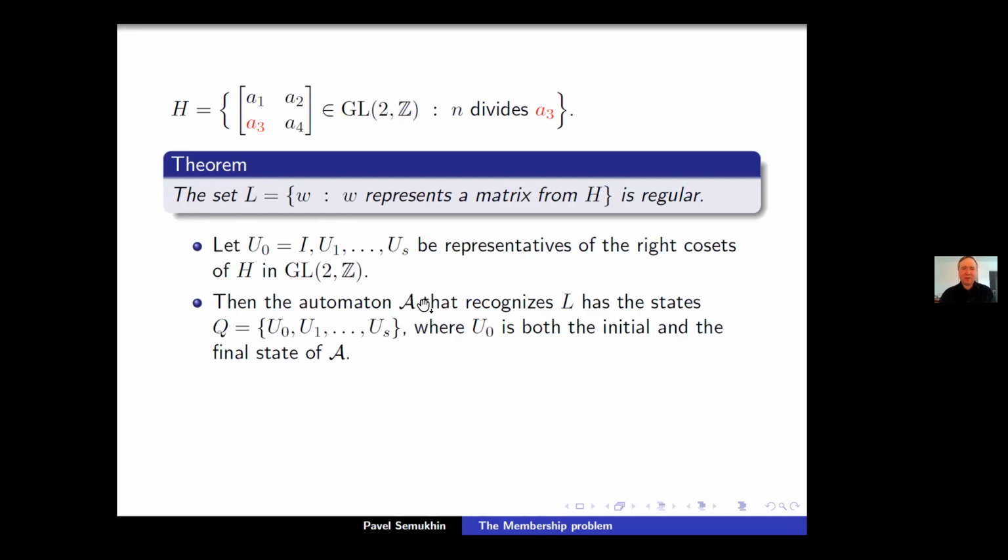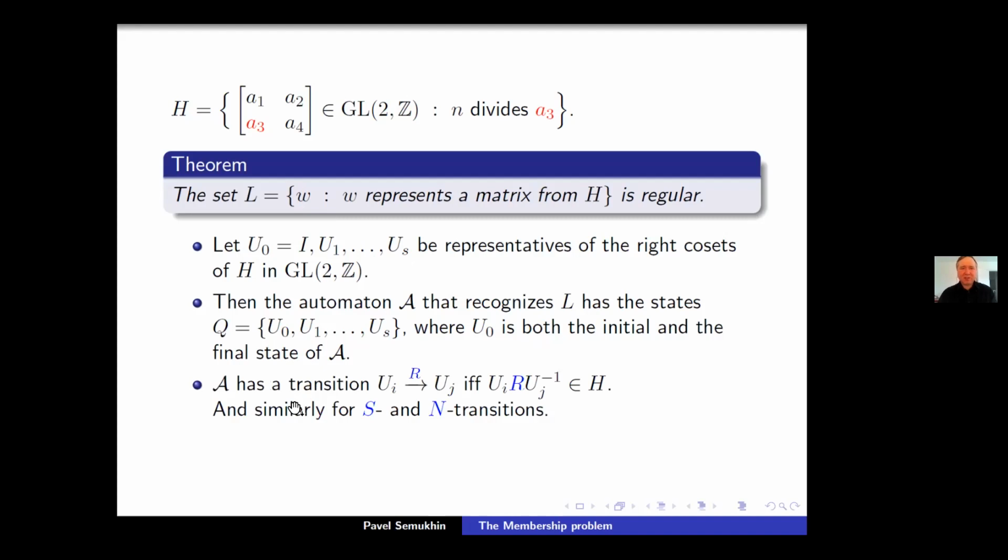Then the automaton A which recognizes this set L has as states these representatives of the right cosets of H. And U0 is both the initial and the final state of A. The other states are non-final, of course.